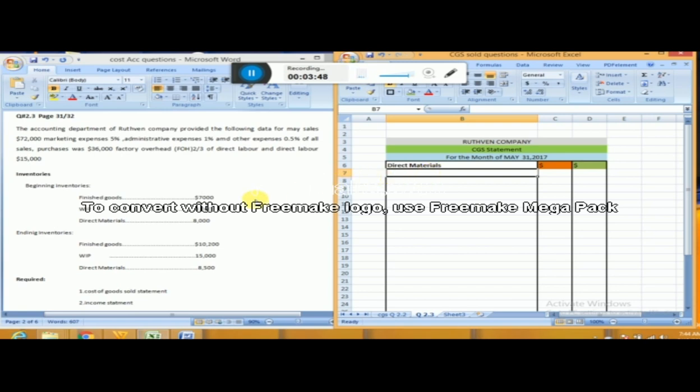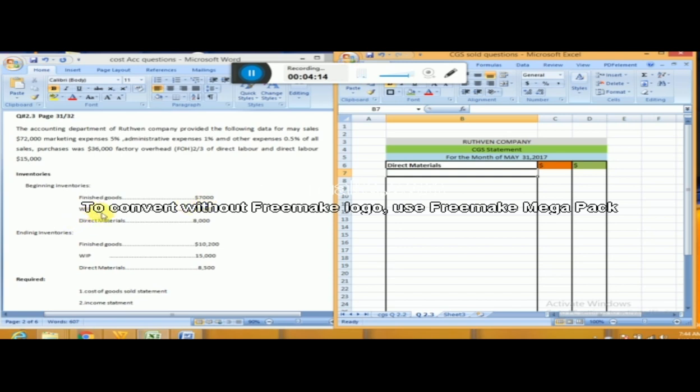All the beginning inventories, if you look in the question, are the remaining of the month of April. Like finished goods, the 7,000 finished goods not sold in the month of April, so we need to transfer it to the month of May.